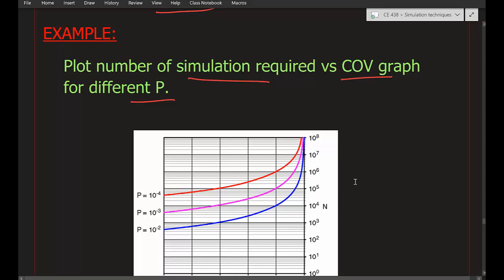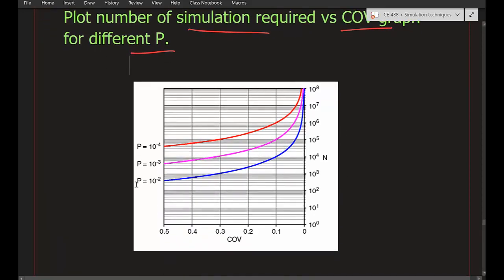So you see, for different probabilities, 10 to the power minus 2, 10 to the power minus 3, 10 to the power minus 4, on the x-axis we have the coefficient of variation and on the y-axis the number of samples. Let's first discuss the coefficient of variation.